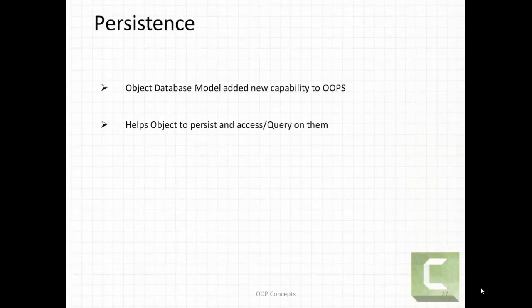So the object database model added a new capability called persistence in OOPS. It helps in persisting the objects and accessing and querying them.